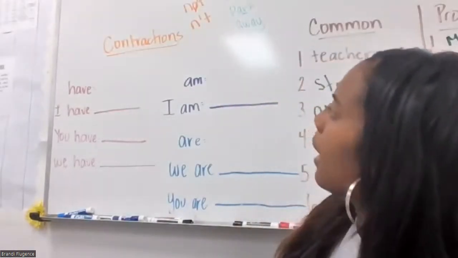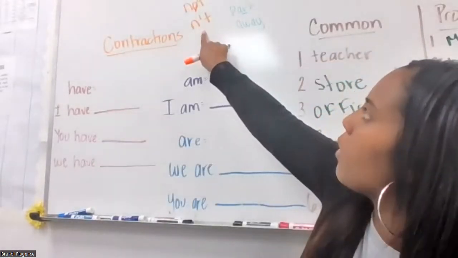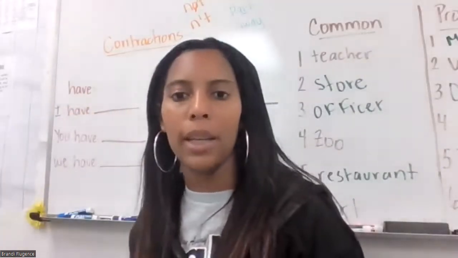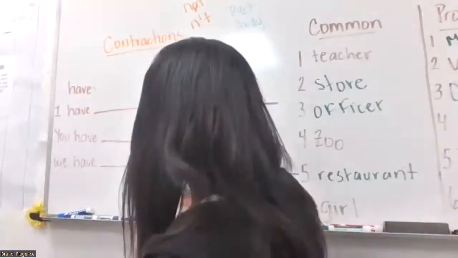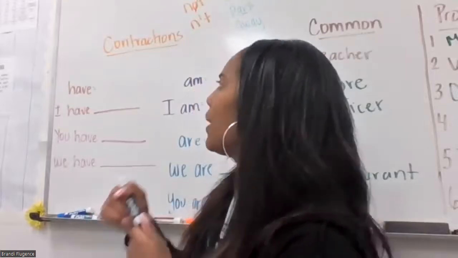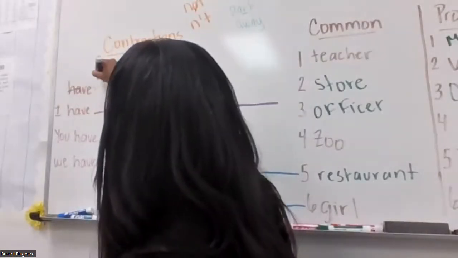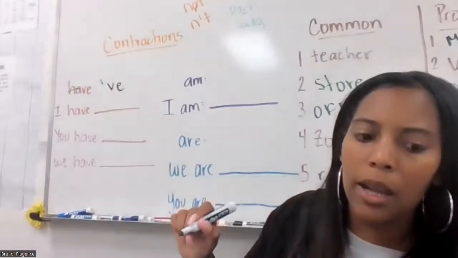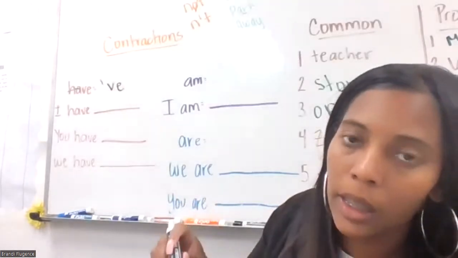So let's look at have. Have is a word that we can often contract. Whenever we contract have, we take out the HA and put apostrophe VE. Take out the HA, put apostrophe VE.